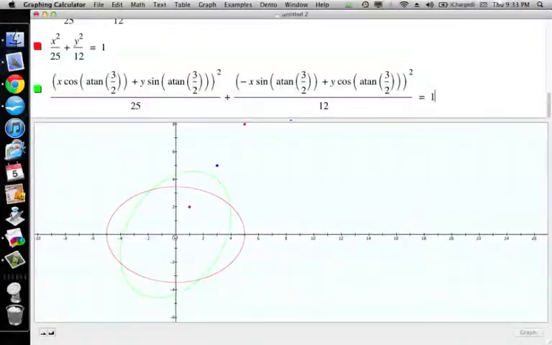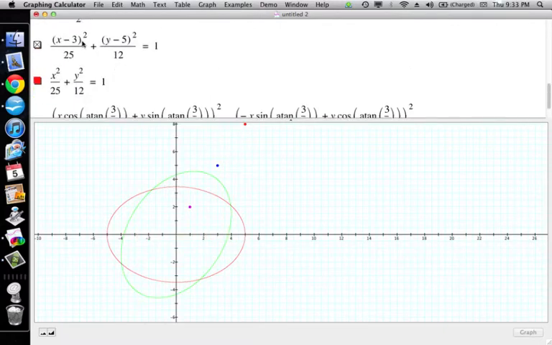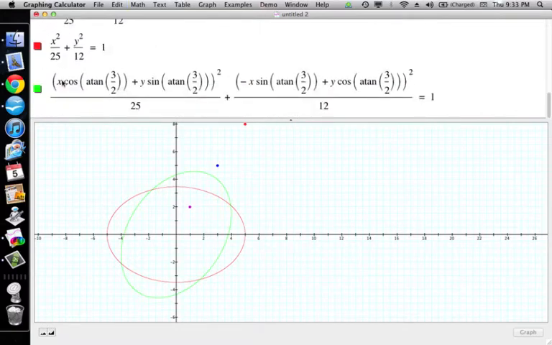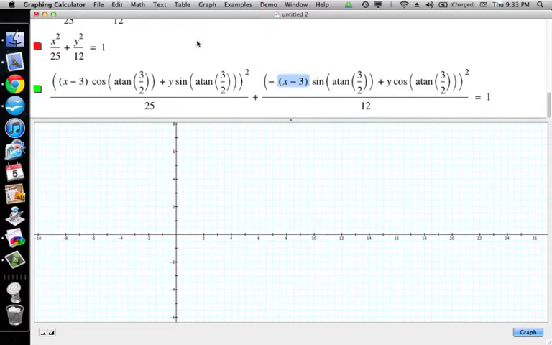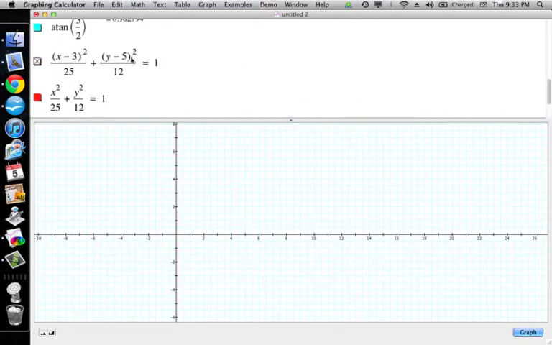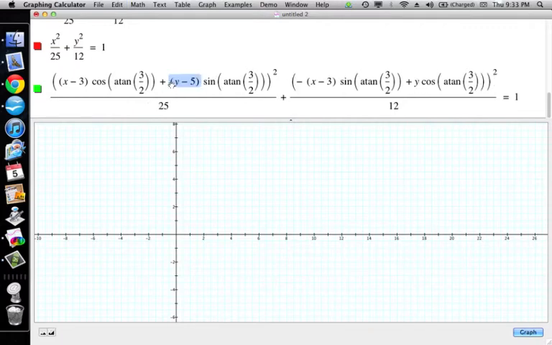So there you see, I've got it rotated the correct way. Now all I got to do is shift it. So everywhere I see an x, I'm going to replace that x by an x minus 3. And anywhere I see a y, I'm going to replace it by y minus 5.